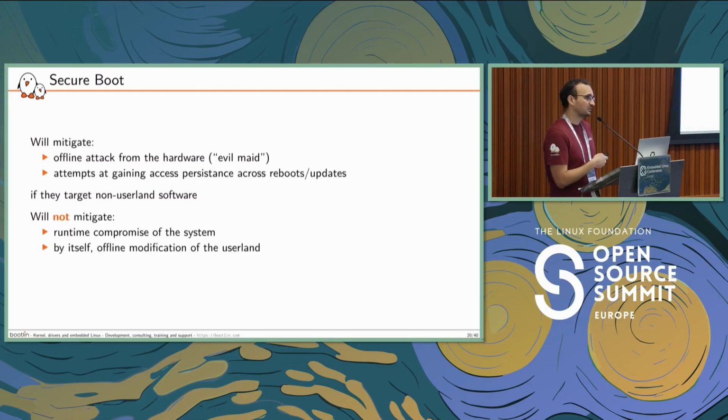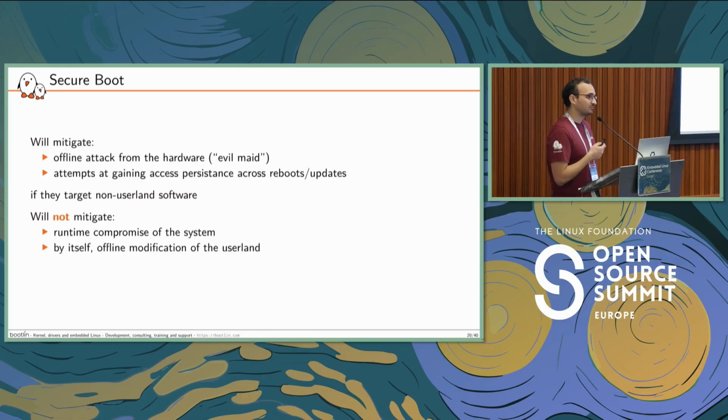But another thing that it will mitigate is the software actually modifying itself and changing what is on here so that it will persist. Essentially, if your system reboots, then the compromise will still be here. This is all targeting the kernel or bootloader software. This is not for userland.